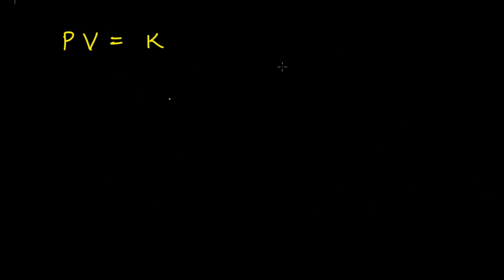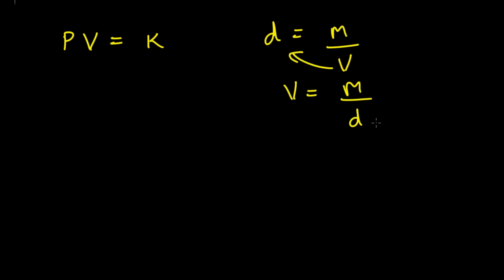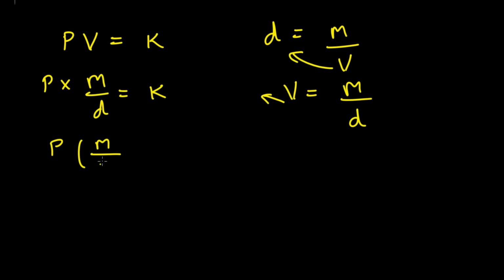Now density equals mass upon volume. Volume equals mass upon density. Now put the value of volume in the first equation. You will get pressure into m by d equals K. Now interchange the positions. You will get P m by K equals D, or just reverse the equation.